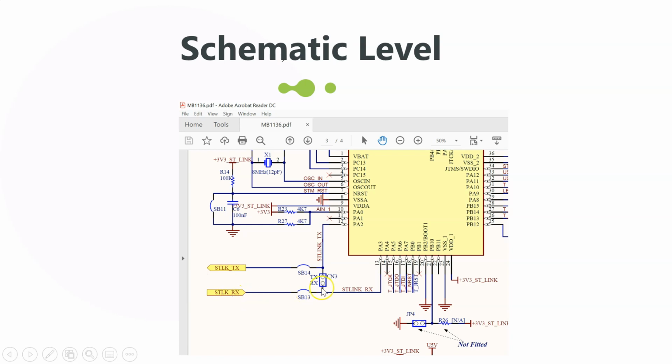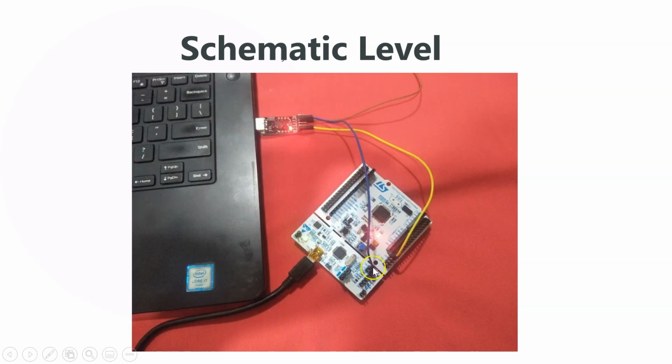So all I needed to do was figure out where this jumper is, which was this one here. You just have to put a jumper wire on this, and then you have the data coming into your computer once you specify the baud rate.